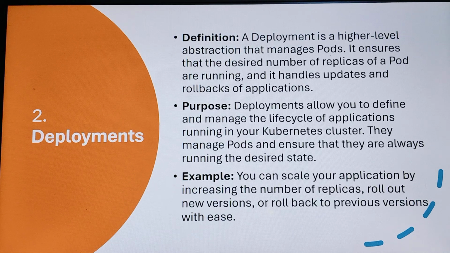A deployment helps with scaling, meaning you can increase or decrease the number of pods running based on demand. It also makes rolling updates easy. If you want to update your app, the deployment handles creating new pods with the updated version and safely removing the old ones.